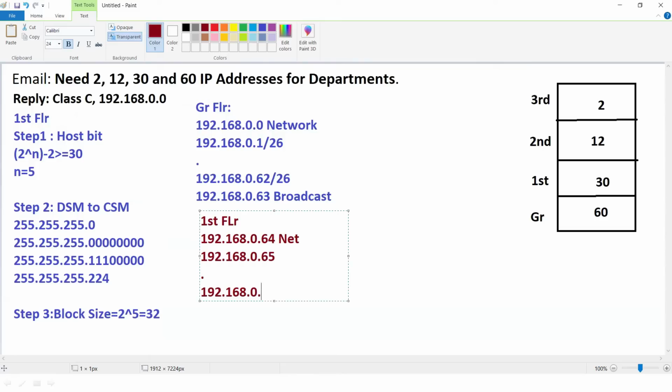Now start counting from 64 and go up to 32 addresses, so the last IP address will be 192.168.0.94, and 192.168.0.95 the broadcast. The next network starts at 192.168.0.96.